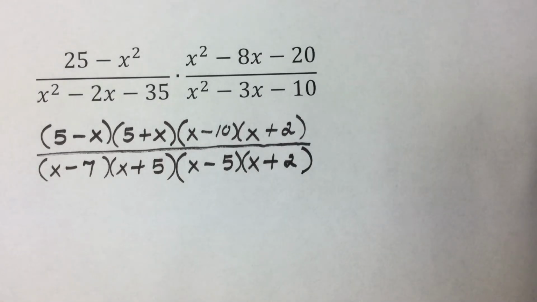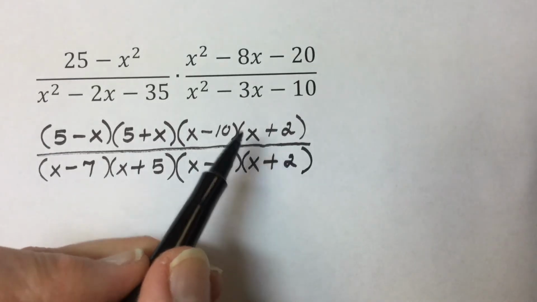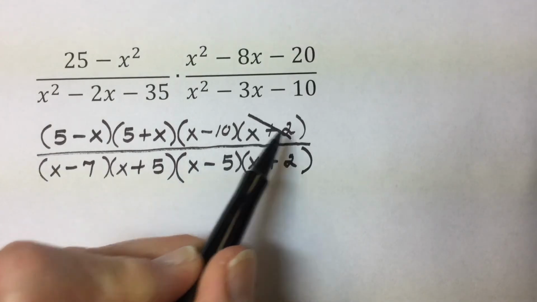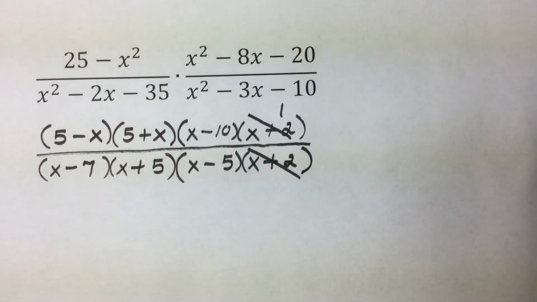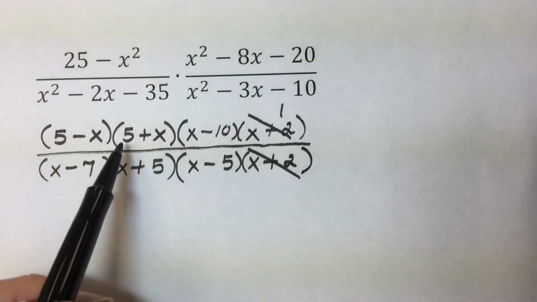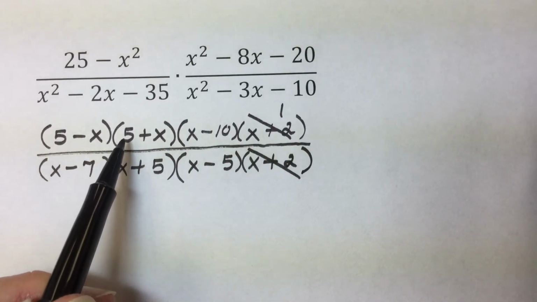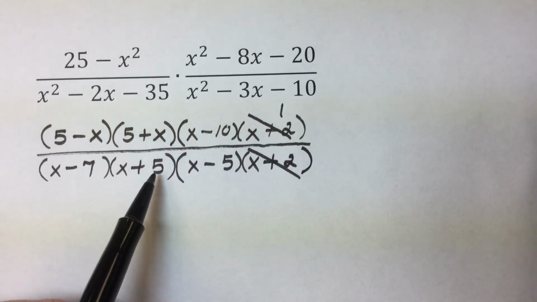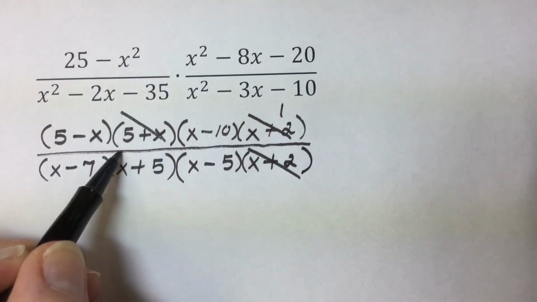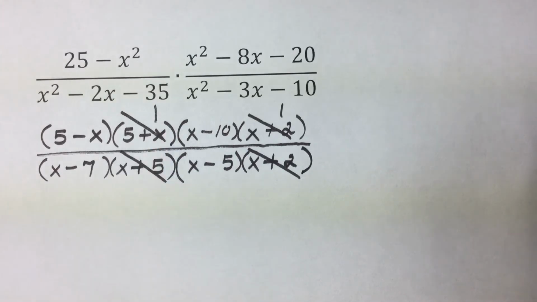Now that it's in factored form, we look for those common factors in the numerator and the denominator. The ones that jump out first for me, I have an x plus 2 over an x plus 2, which would equal 1. Ones that aren't quite as obvious, but with commutative property, 5 plus x is the same as x plus 5, so they will cancel one another out.